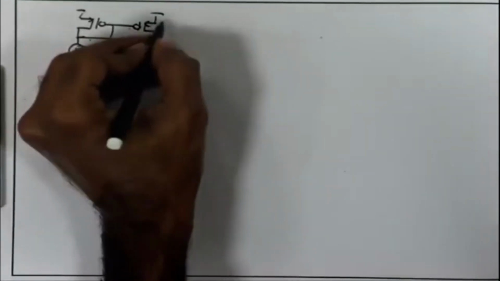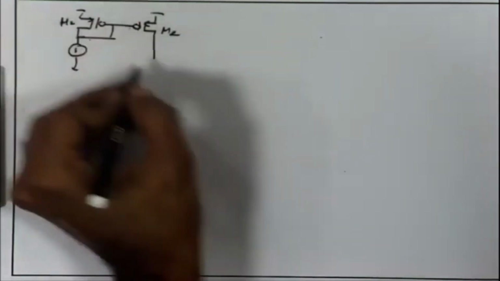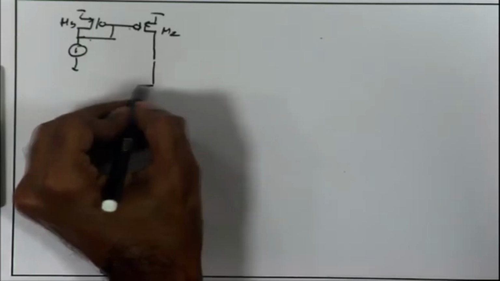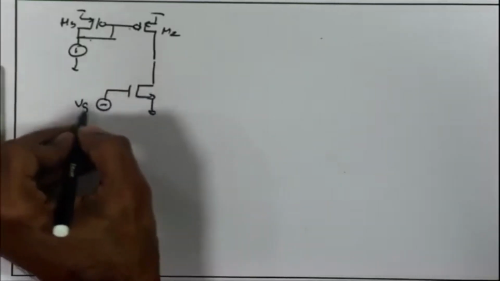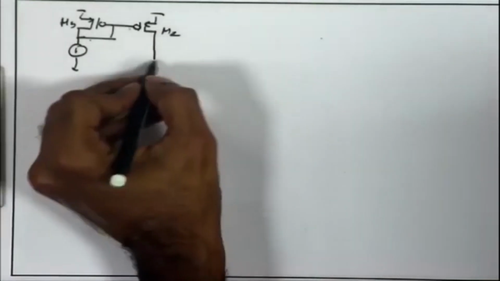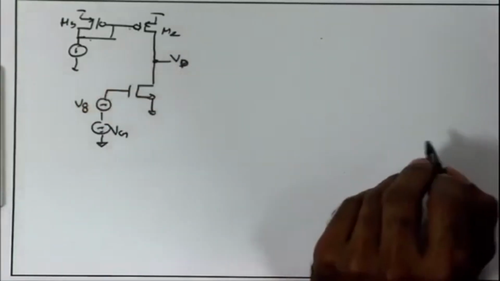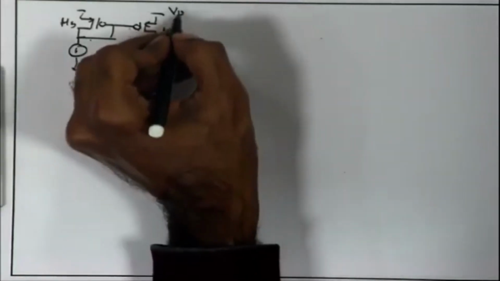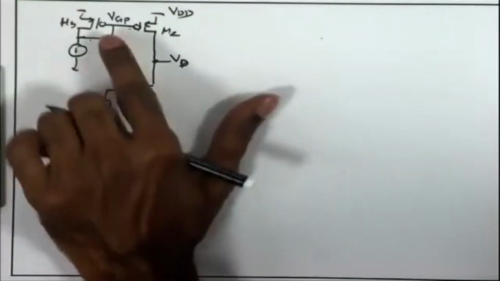So, we are trying to make M2 mimic the current source, and then we have M1 which is the input device. On top of that we are applying the small signal, we have the DC bias, VG and so on. So, what is the relationship of VD in terms of the device parameters and the DC voltages that we are having? So, here the VGP is fixed because of this reference current source.